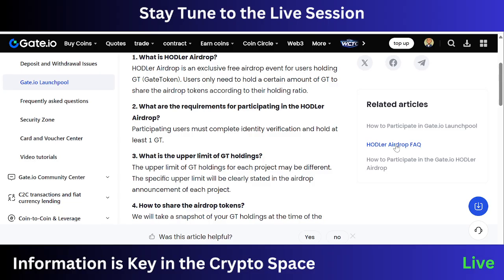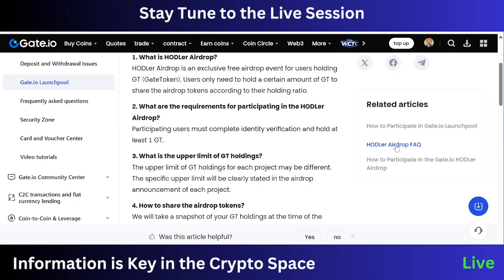To participate, users must complete identity verification and hold at least 1 GT.